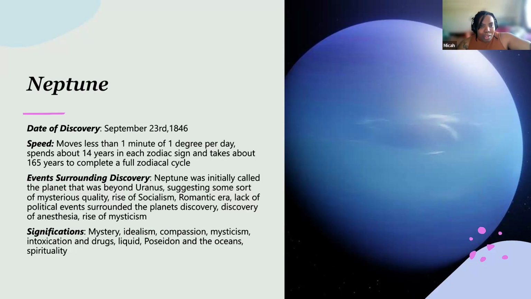It's the planet beyond Uranus. It's just very basic. And I was like, could we not get more creative? But it is what it is. It always makes me laugh that that's what they were called. The planet beyond Uranus was Neptune. And because it was beyond Uranus and they already had a planet that was beyond Saturn, they were like, oh, it's farther out, so it must be mysterious.